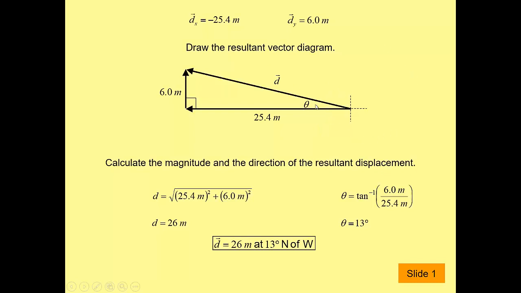That would be west of north, this is north of west. If we were using counterclockwise from 0 notation, we would have to start here, that's 0, 90, 180 to get halfway around, and then subtract off the 13, so it would be 167 degrees. I'm using north and west because that was in the problem statement.